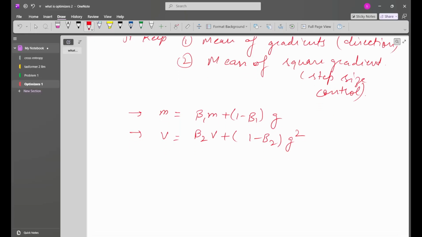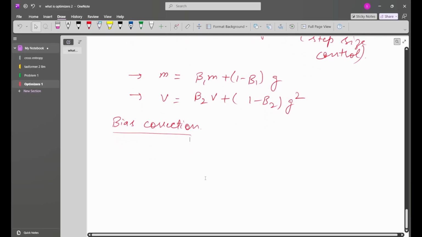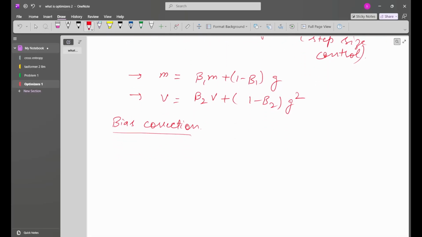Now there is one more step added, bias correction. You cannot find this bias correction explanation easily, but I will explain it, and that is the most important step. You will see in my next video when we understand the first fix. So there is a bias correction, M cap.